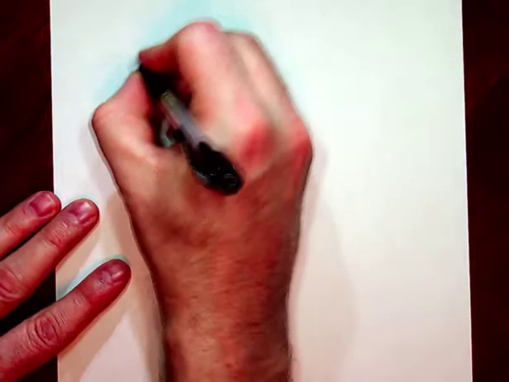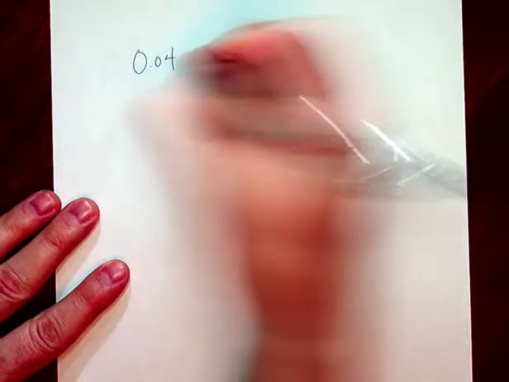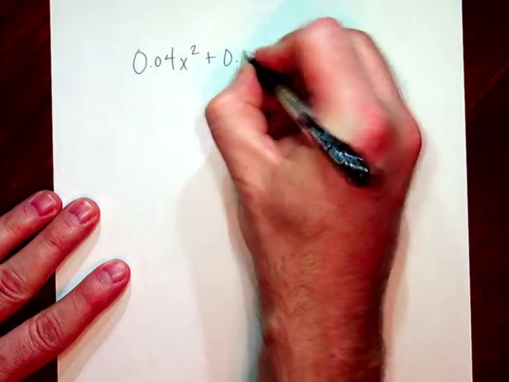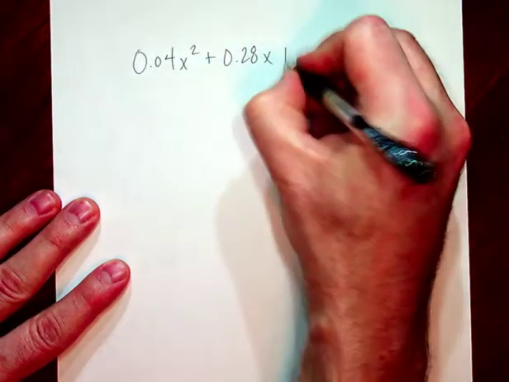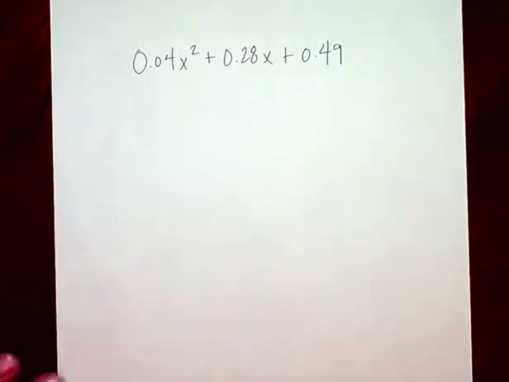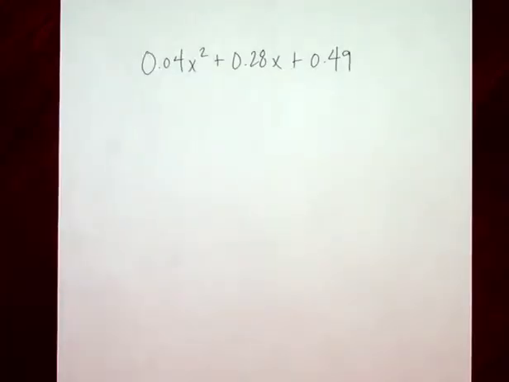Okay, let's consider 0.04x squared plus 0.28x plus 0.49. Again, we're dealing with decimals. Again, those decimals can be changed into fractions. And again, here's the thing. You need to be able to deal with fractions, okay?